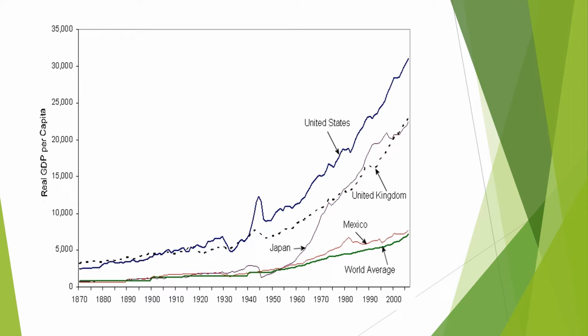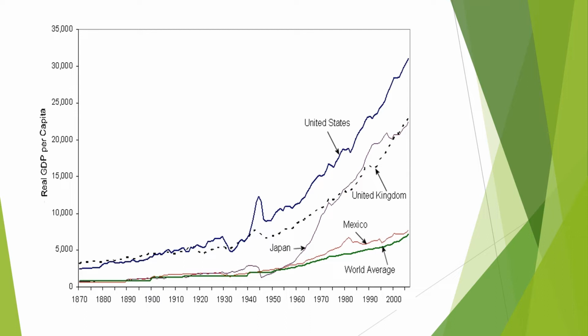Before 1940, the world grew, but in a more flat pattern. But after 1940, the whole world grew a little bit faster. You can see that the curve turns a little bit upward. So that is the world average.